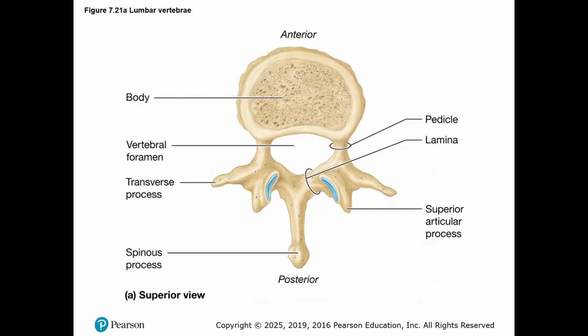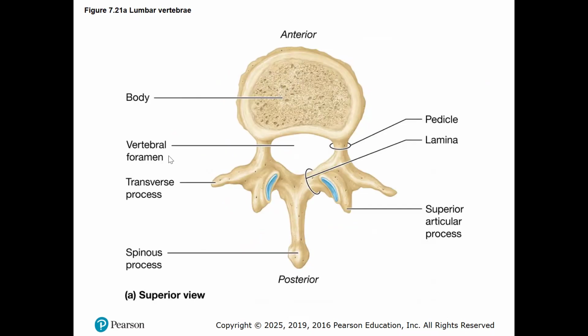This is a lumbar vertebra. Notice how we no longer have those superior and transverse costal facets, because we don't have ribs that attach to the lumbar vertebrae. There are five lumbar vertebrae. These are your largest, so you're going to have the largest body aspect here.